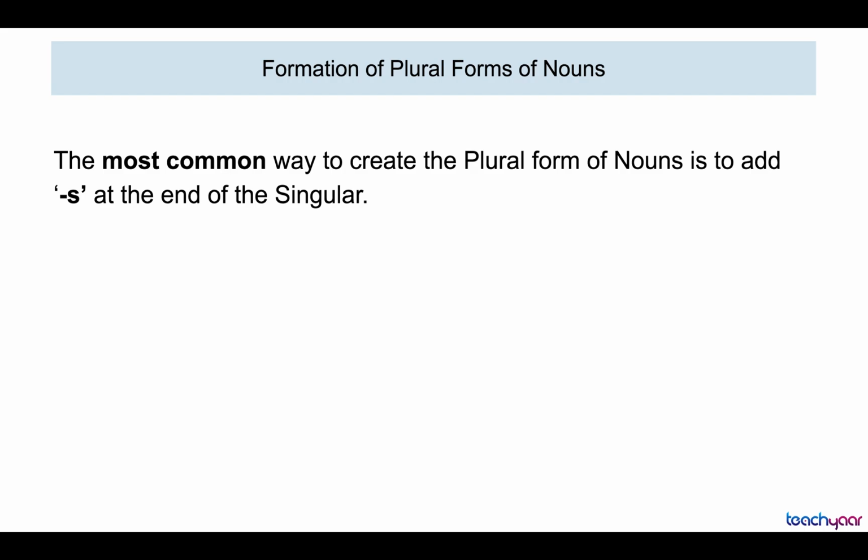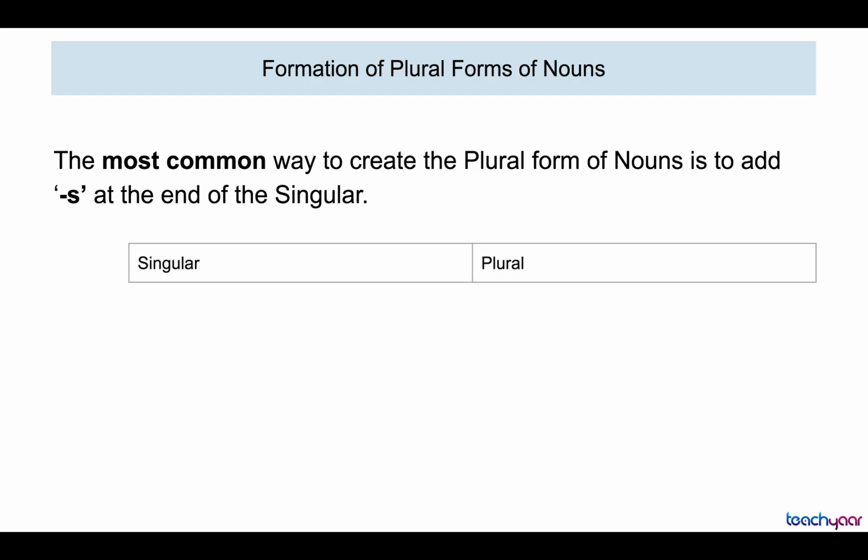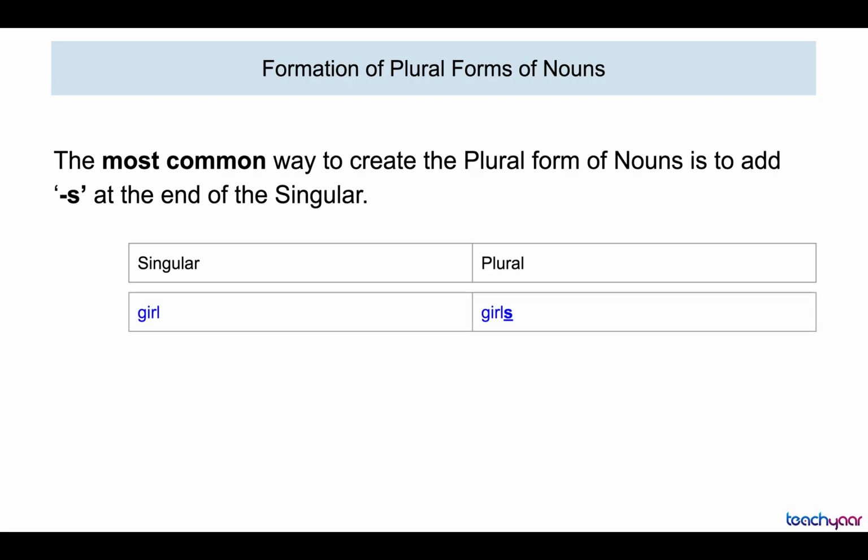Now, how do we form these plural nouns from the singular? There are many rules and there are many exceptions to the rules. The most common way to create the plural form of a noun is to just add s at the end of the singular. Let us take a few examples. Girl. Girl is singular.